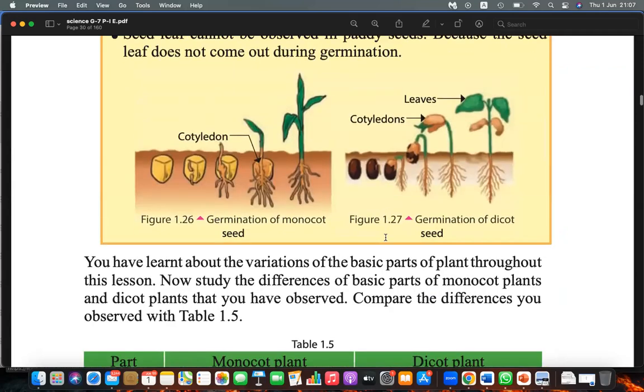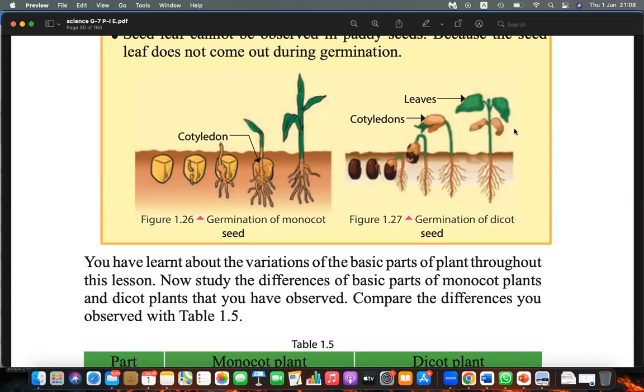Let's look at a picture. You can see here the germination of dicot seeds. There are cotyledons and two leaves emerging from them. But here in this one, it's only one seed leaf. Also you can see the taproot system there. Here, fibrous roots.